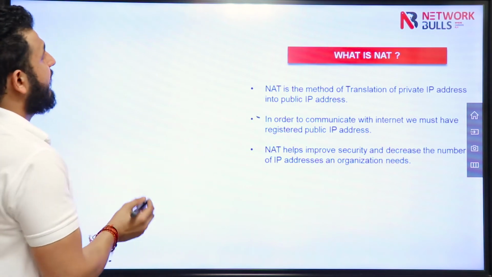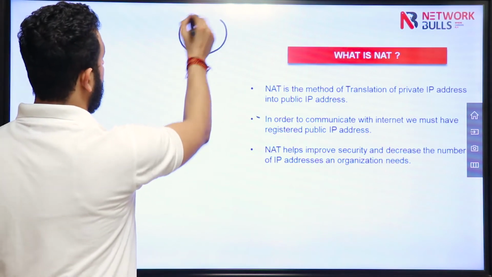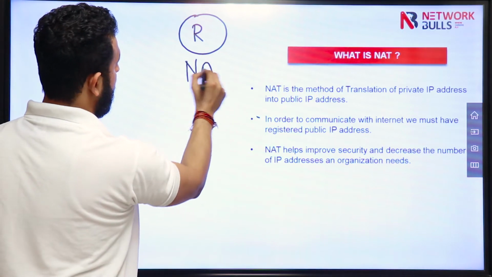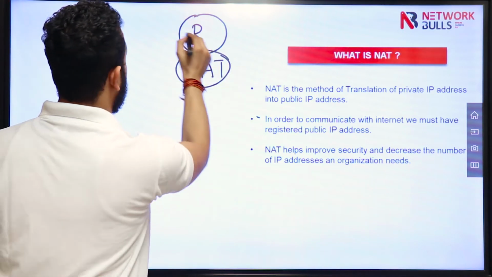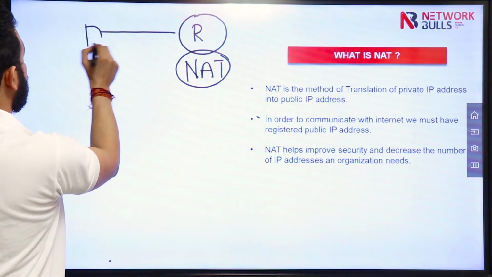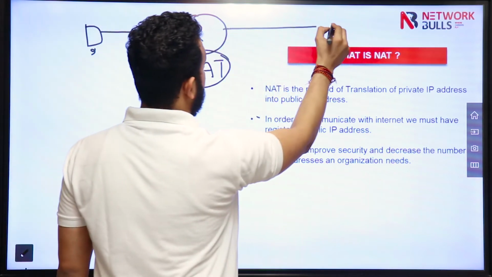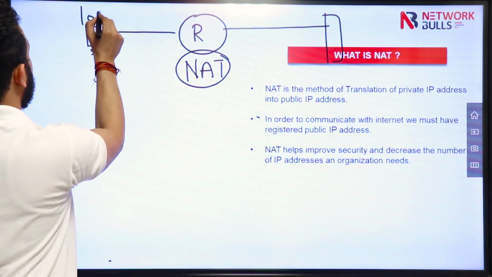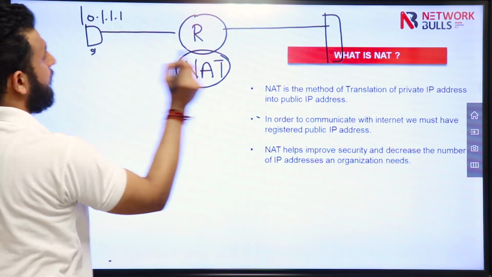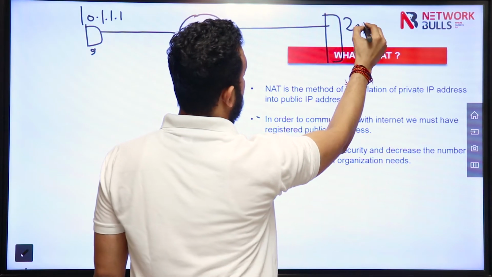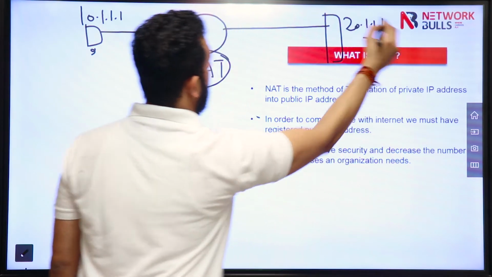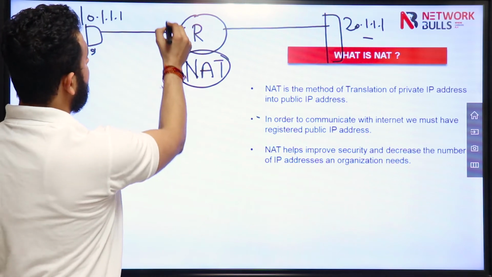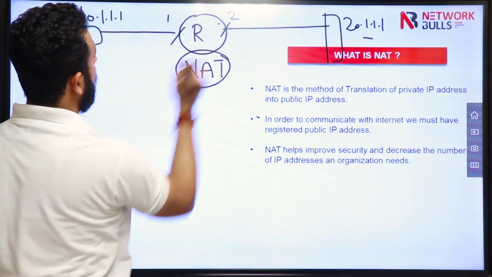Now let me give you one example. Let's say this is your router, and the NAT feature is present on the IOS router. This is your user and this is the server. For example, the address of this user is 10.1.1.1, and the address of this server is 20.1.1.1. Let's say this is interface number 1, this is interface number 2.